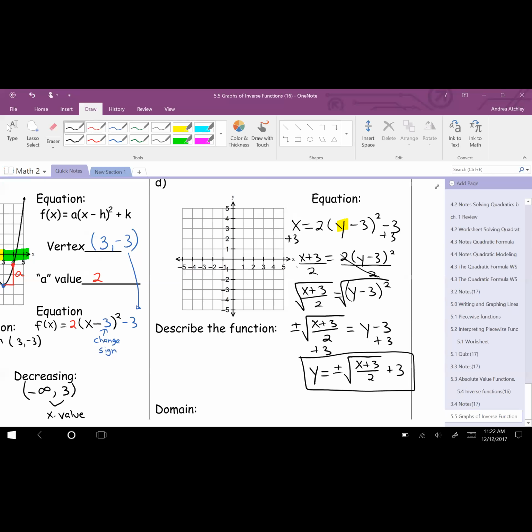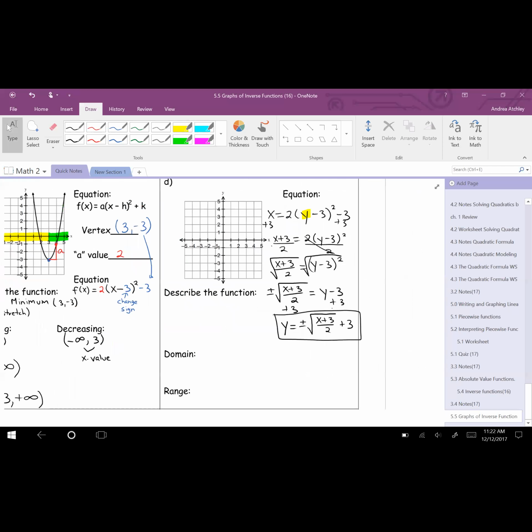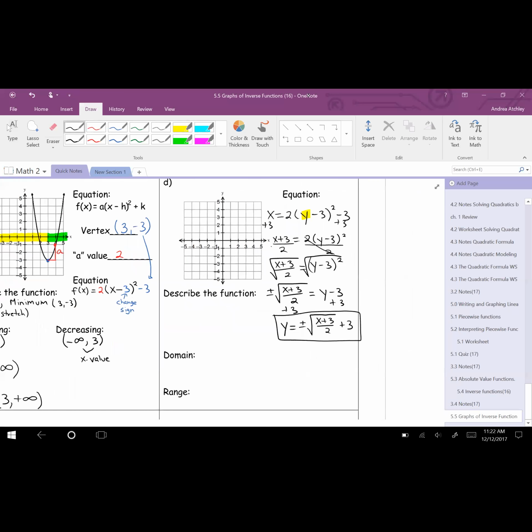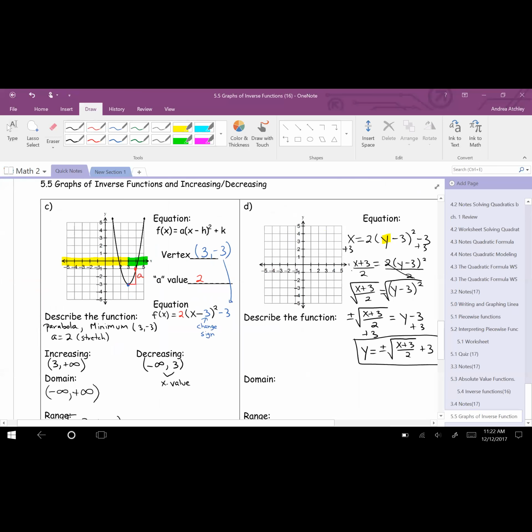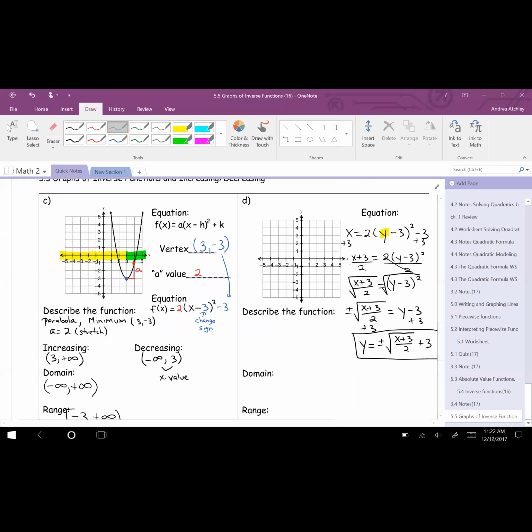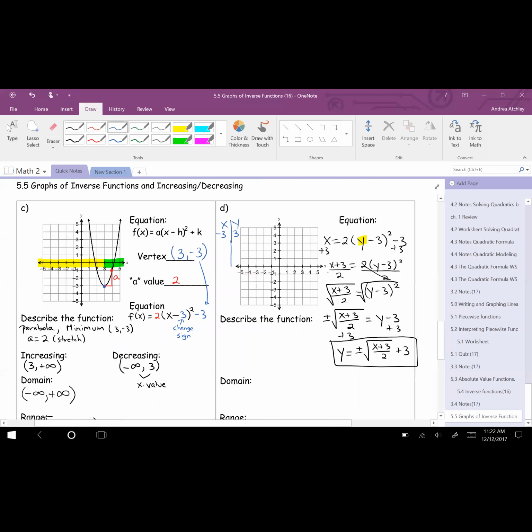Okay, now we want to graph that. I have no clue how to do this, and you won't do that until Math 3. So we're just going to do the ordered pairs like we did before. So I have my vertex of 3, negative 3. I'm going to switch those and get x is negative 3 and y is 3. Then we go to the next point that they have, which is 4 for x and negative 1 for y.